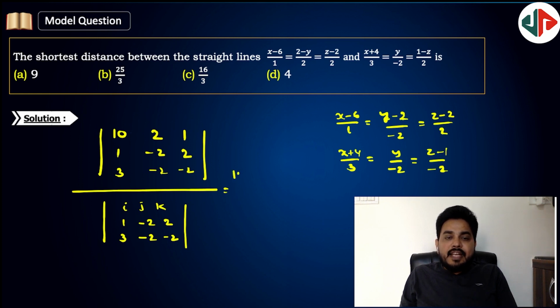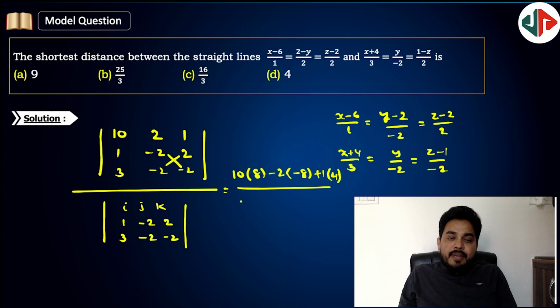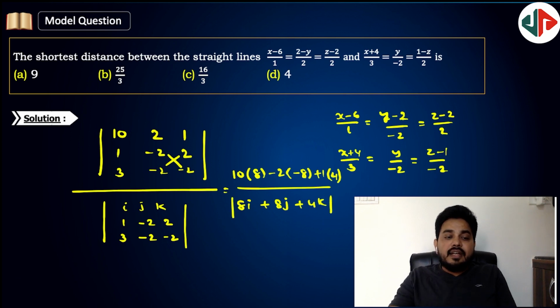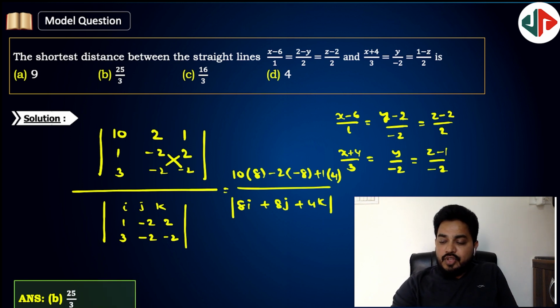So it is simply 10 times of 4 plus 4, 8, minus 2 times of minus 2 minus 6, which is minus 8, plus 1 times of minus 2 plus 6, 4. So it is minus 8i plus 8j plus 4k. Its modulus, you need to get the answer as 25 by 3.